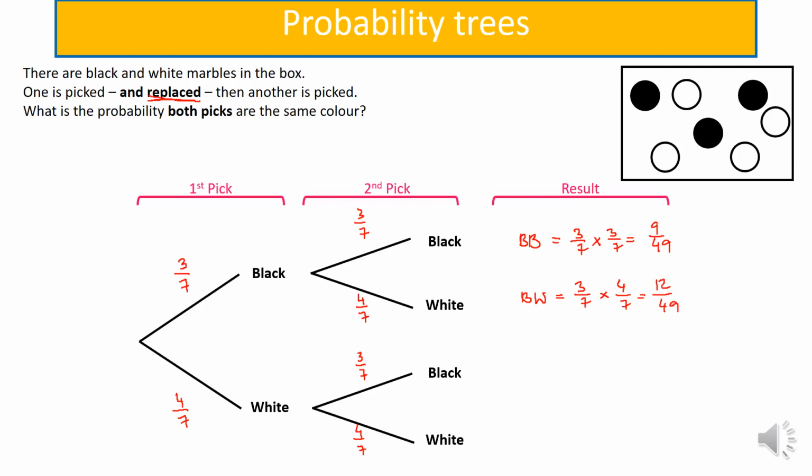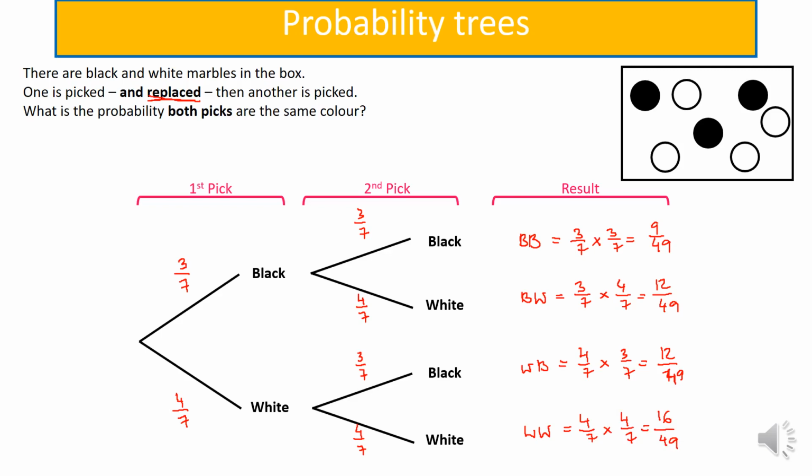Then we can get white first and then black, and that is 4 over 7 times 3 over 7, which is 12 over 49. In the last one, we have white and white, which is 4 over 7 times 4 over 7, which is 16 over 49.